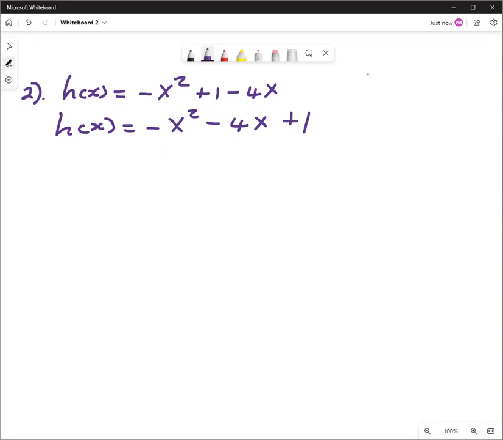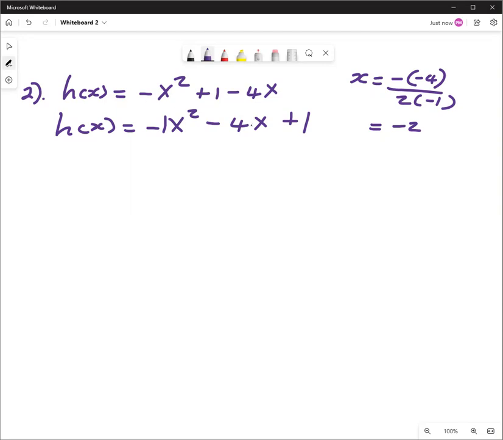And then I'm going to check my axis of symmetry, negative b, which is negative 4 over 2a, which is negative 1. Remember here there's an invisible 1, right? And then this is 4 divided by negative 2. So the answer is negative 2, right?